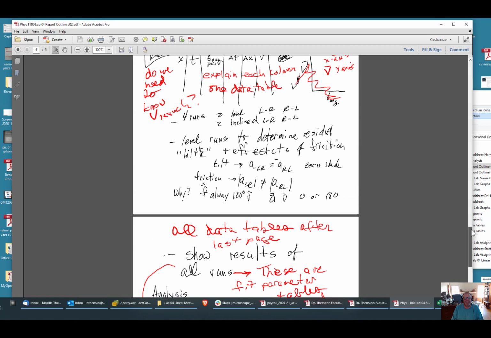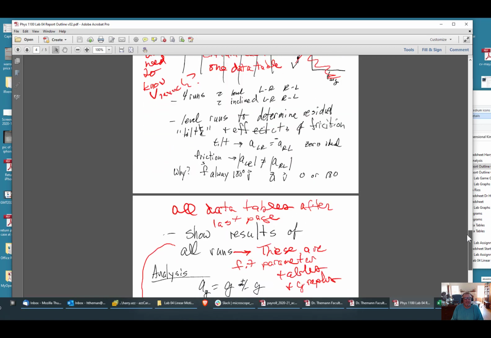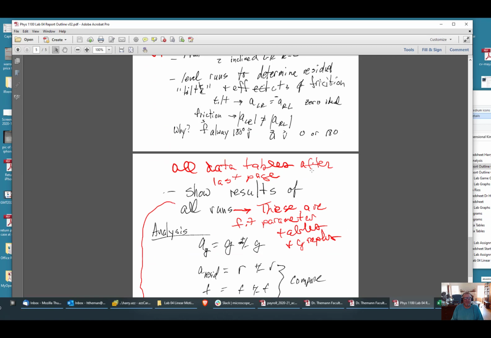Okay, so then let's see, we have a sample table. We explain all of the entries, then we say we did all that. All the rest of the data tables should go after the last page.